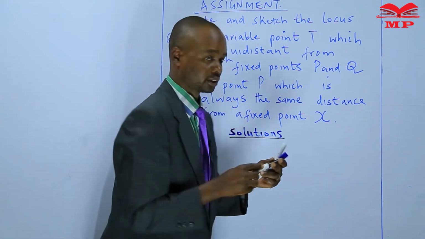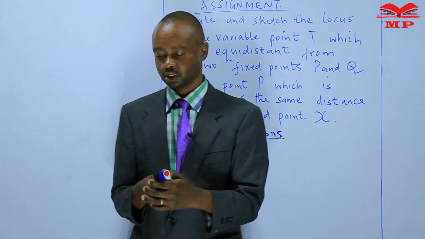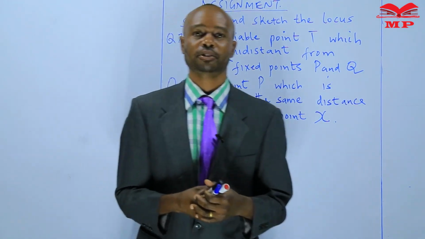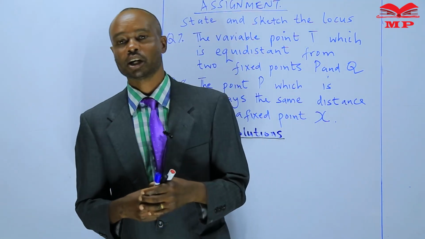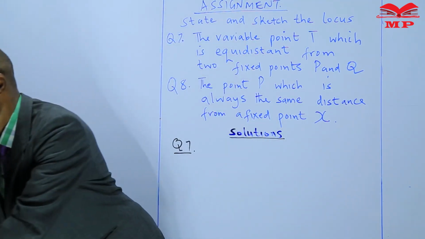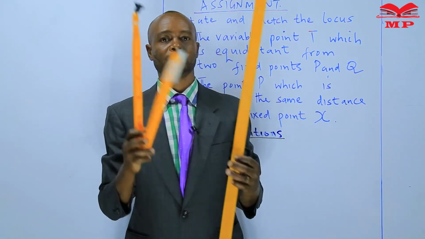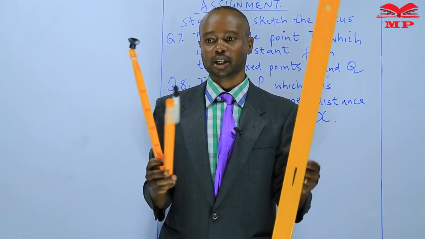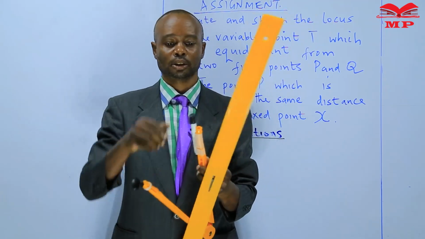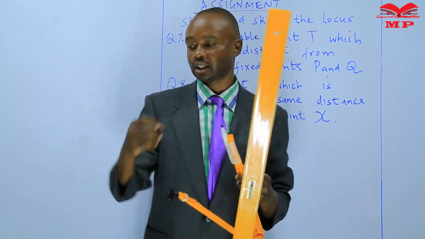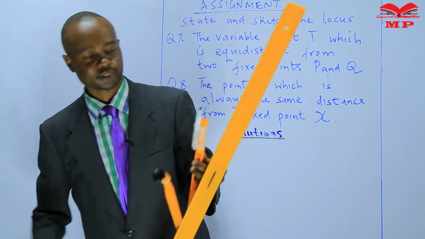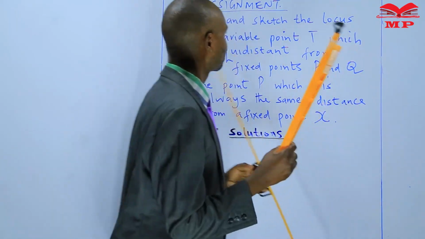For question 7, I need geometrical instruments. That is a pair of compasses and a ruler. For those who don't know, a pair of compasses, it is this one, and that is the ruler. So I'll need these to explain that. So we go to the question.